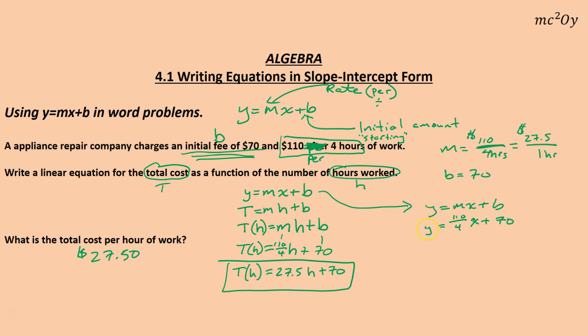I'm going to put t in for y, divide the 110 by 4 to get 27.5, and put h in for x. And then maybe you don't have function notation. You just have your linear equation, which would be fine as well, because technically it just asks for the linear equation. I just put the function form because we're talking about functions, trying to relate it to previous stuff.